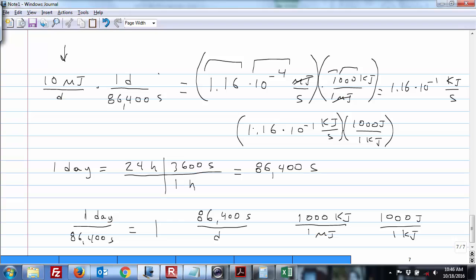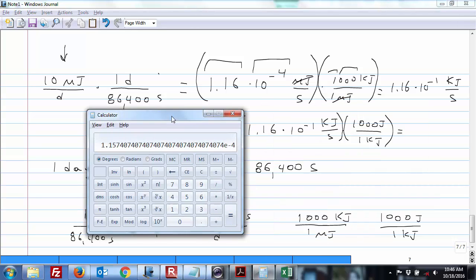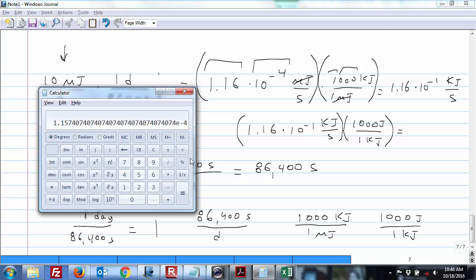Again, 1 times 1.16 equals. Now, I'm actually gonna run this number so I'm not continuing to use scientific notation because, frankly, it's just getting clunky at this point. Let's go back to the calculator. And I'll take 1.16.